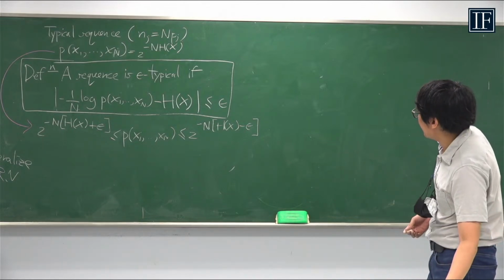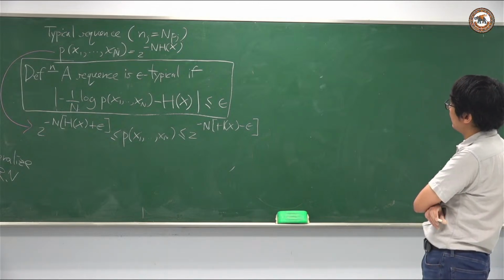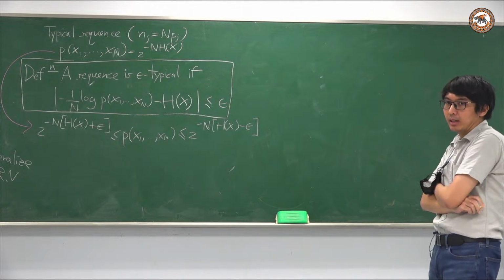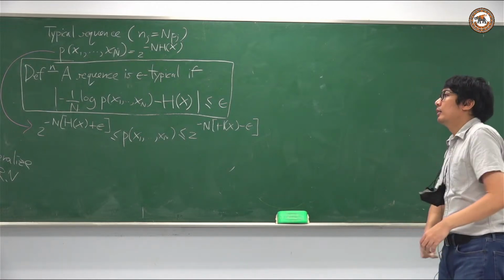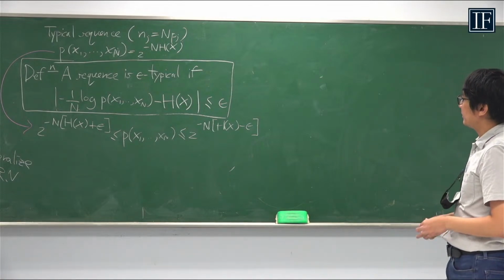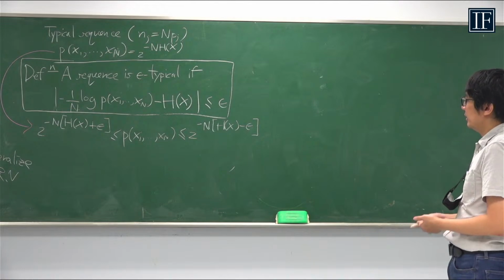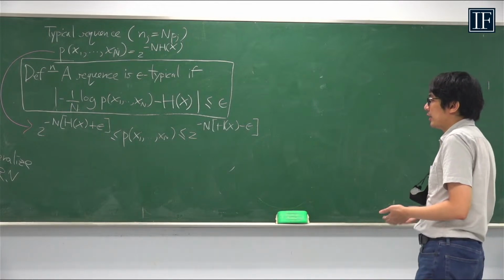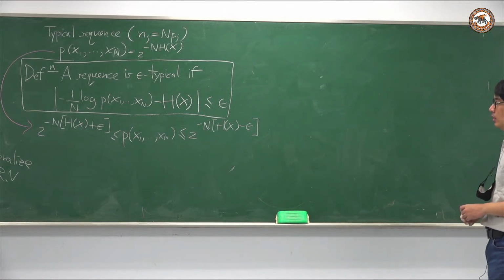And so the goal would be to get to something called the asymptotic equipartition property, which is basically the generalization of the statement that we said earlier for large n.